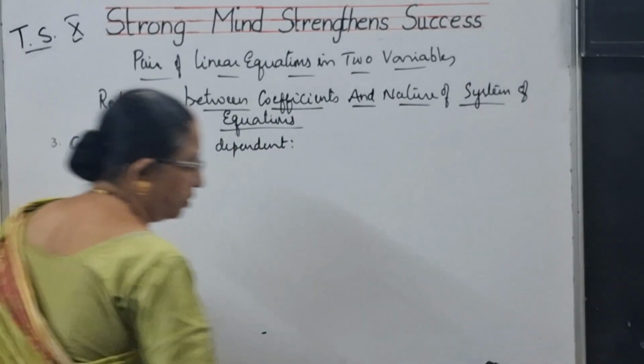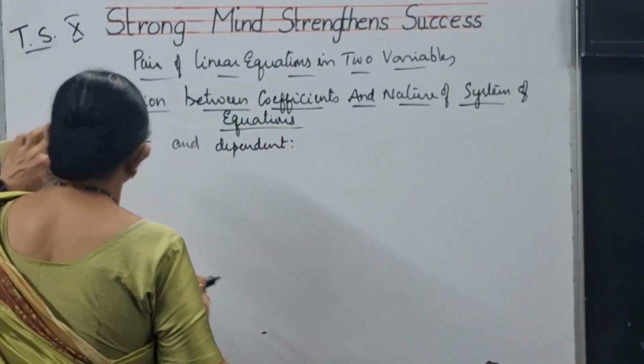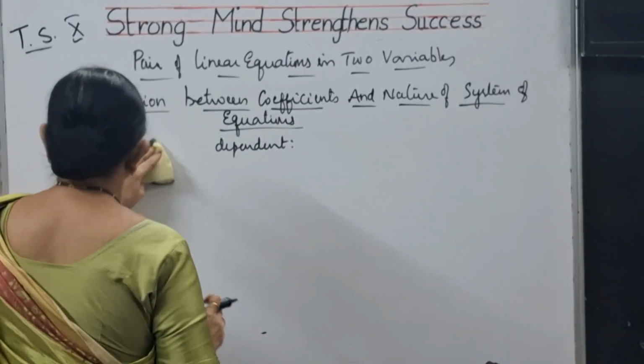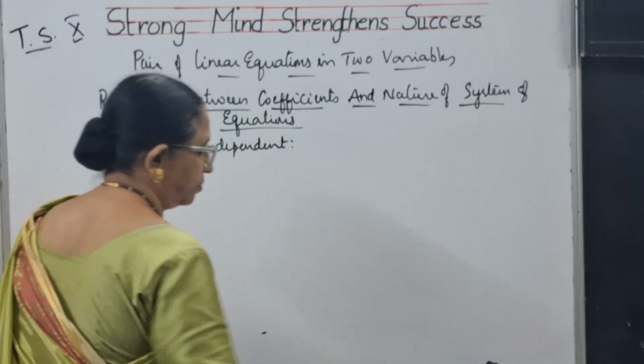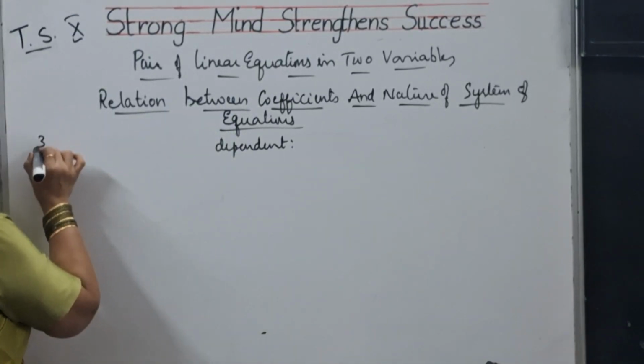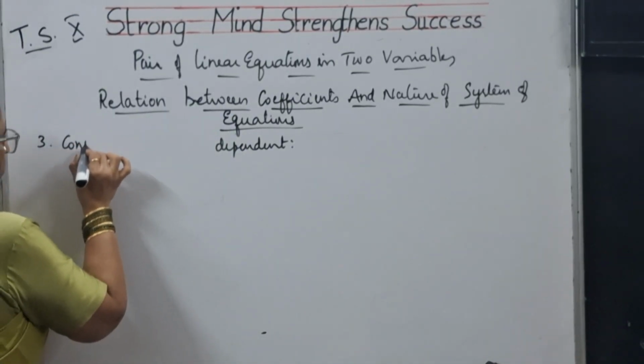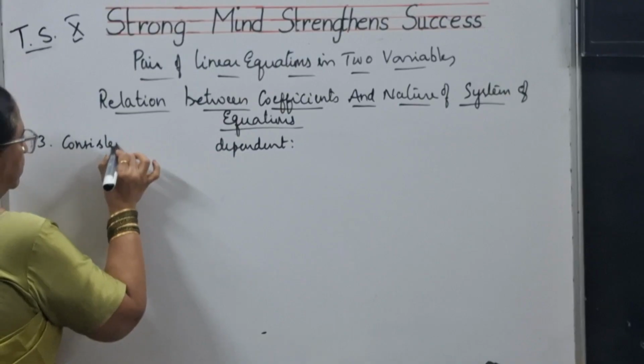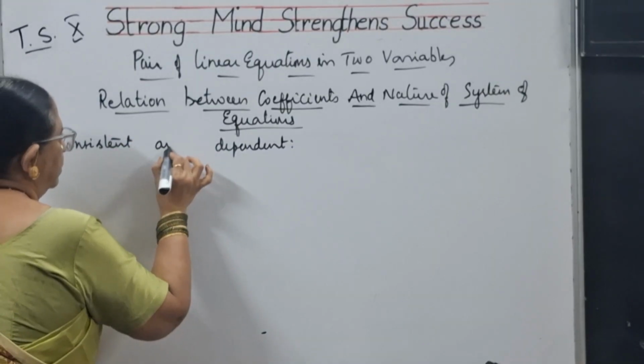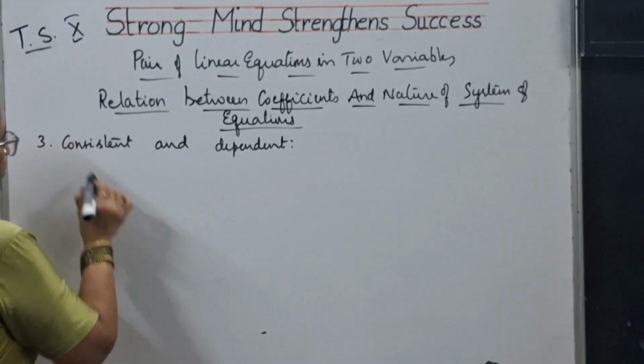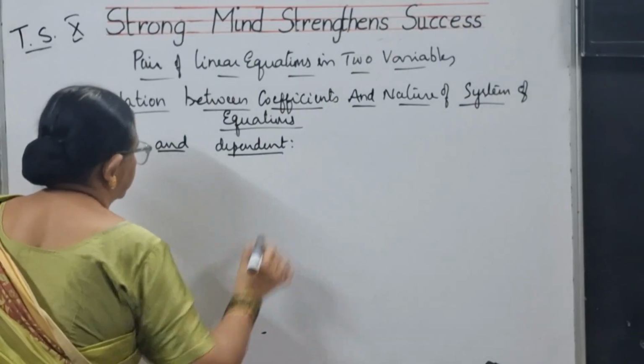These are the ones that we are going to talk about. Let me write once again. Third one, consistent and dependent. This type of equations.